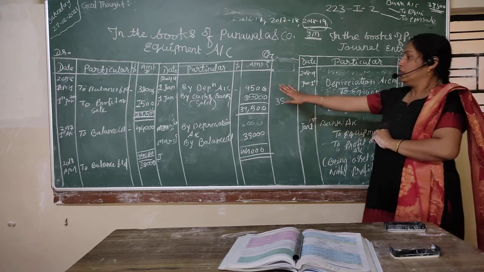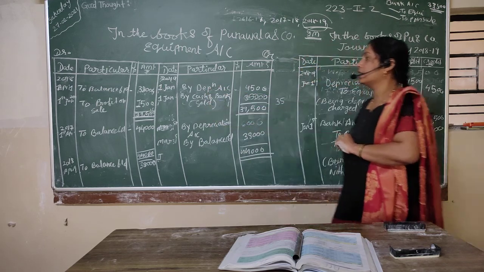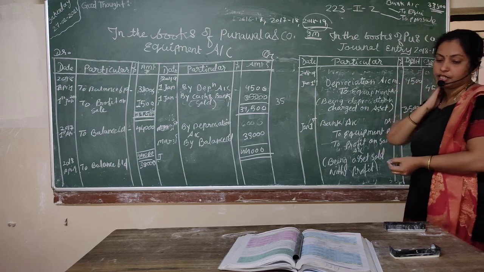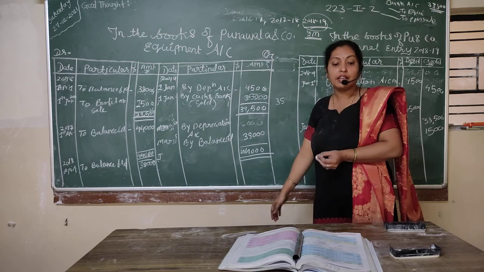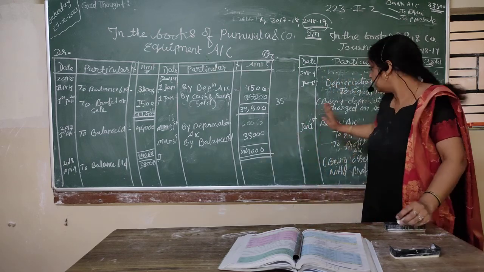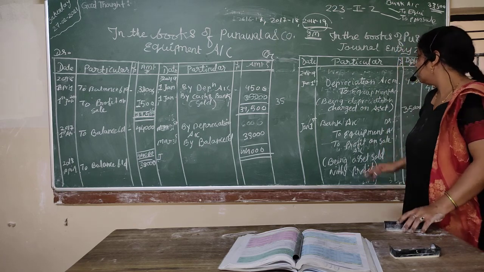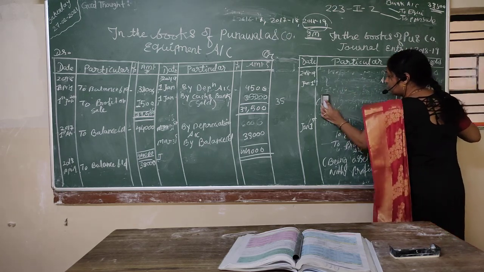Students, in the ledger posting we have just shown the depreciation and sale entry. We have not recorded the transferring of depreciation and profit to the profit and loss account, because that ledger account we have not prepared. So here in the journal entry, these two entries also we will show. The rest two entries will be on the same date.